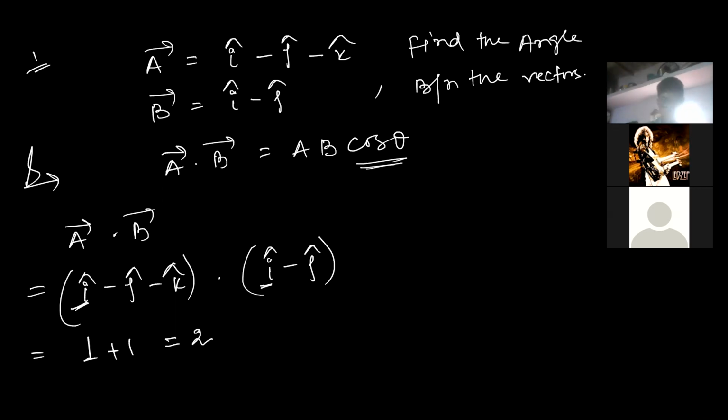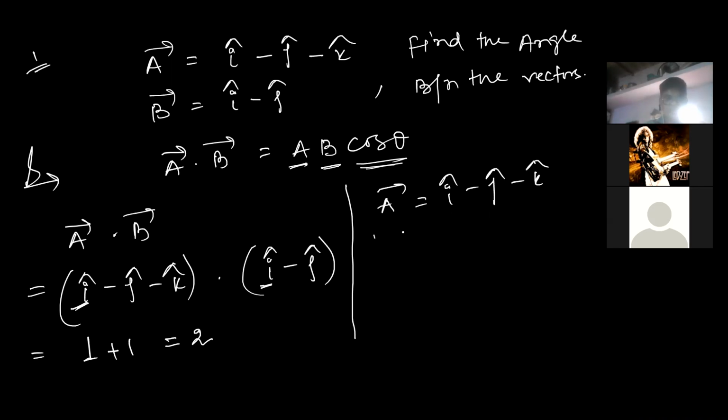Yes, sir. Okay, that's good. Now we'll find out a and b. I need to find out the magnitude of a as well as the magnitude of b. So a vector is given as i cap minus j cap minus k cap.